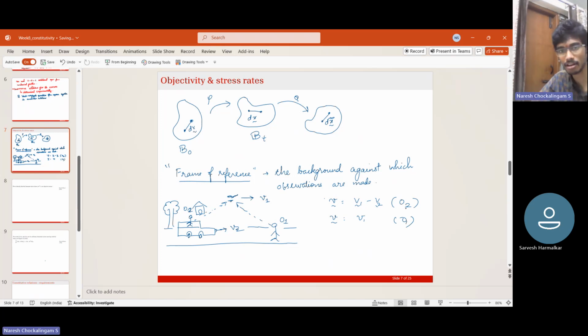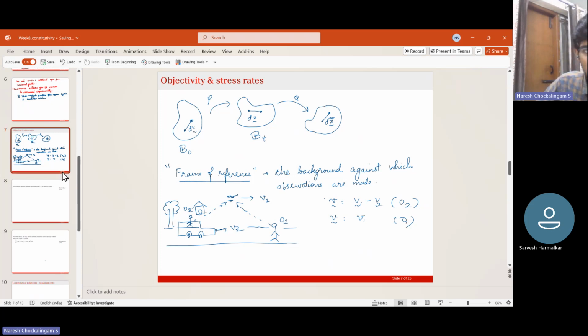So you see that the velocity of a body, of a particle, is not objective. Different observers in different frames of reference report different values of the velocity. So this can be formalized as follows.